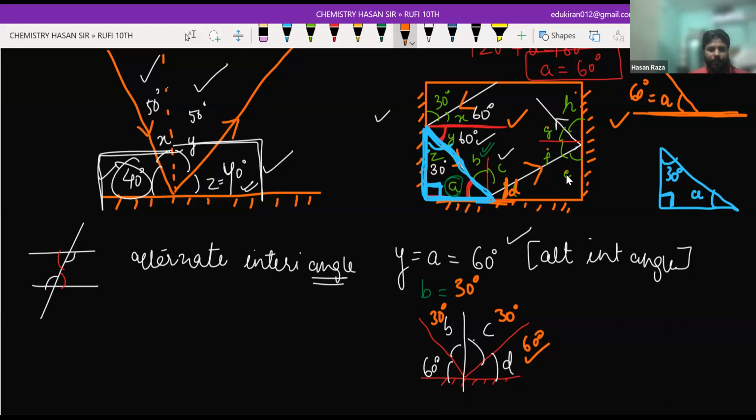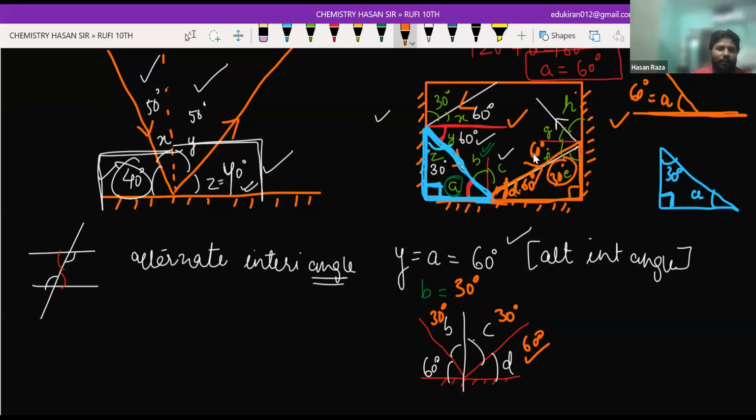E, F, G, H. 30 degree is the value of angle E. That's great. This is 30 degree because you know this is your 60 degree. So F should be 60 degree by alternate interior angles, or you can apply the sum of interior angles of a triangle. So 60 degree plus 90 degree, so it will be 30 degree.